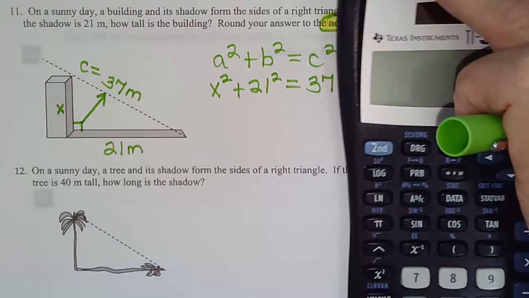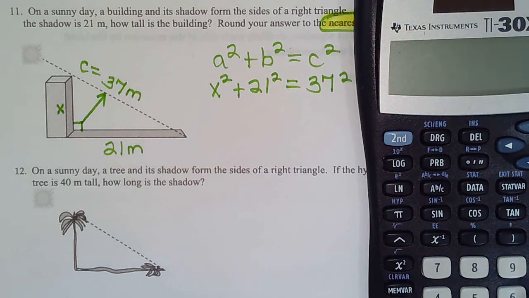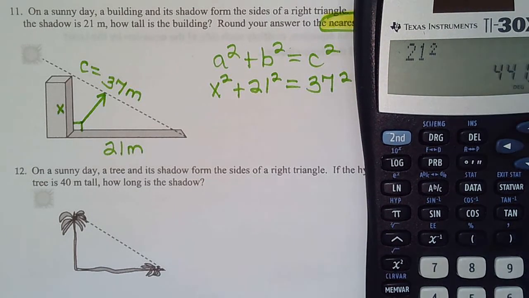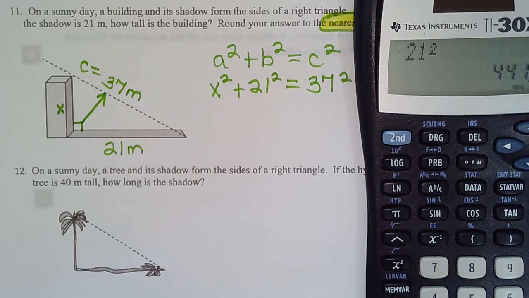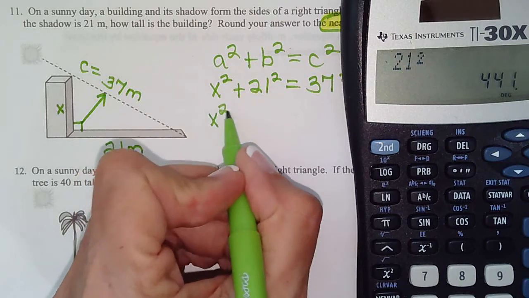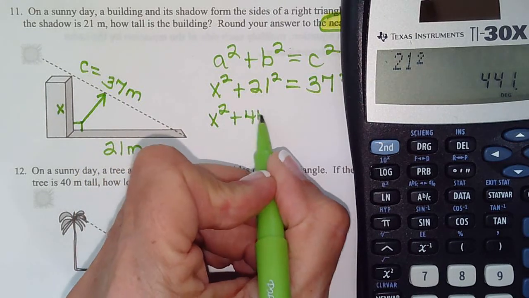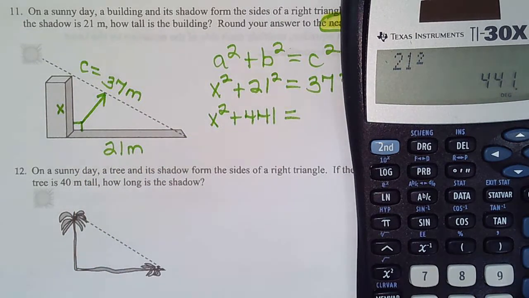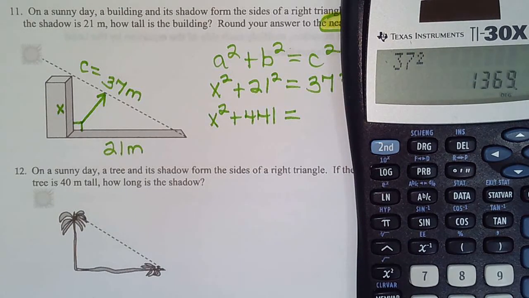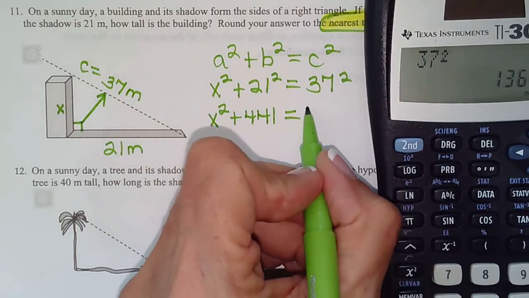So on our calculator, we can do 21 and hit the X squared button. And that tells us it's 441. So X squared plus 441 equals 37. Then hit your X squared button, and that's 1369.